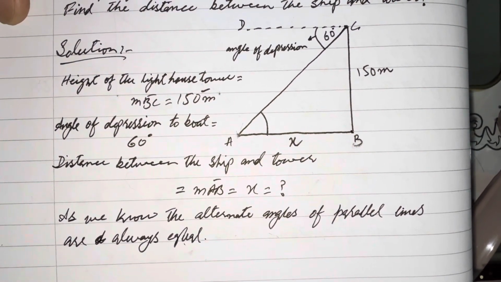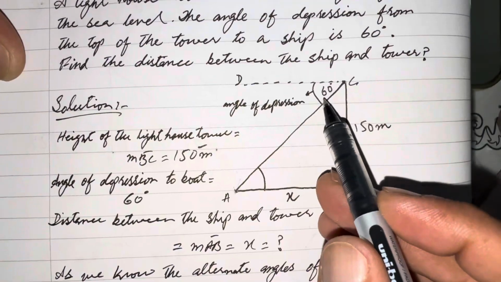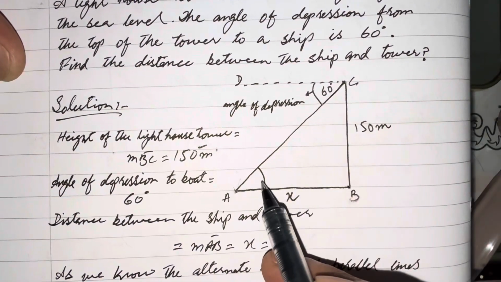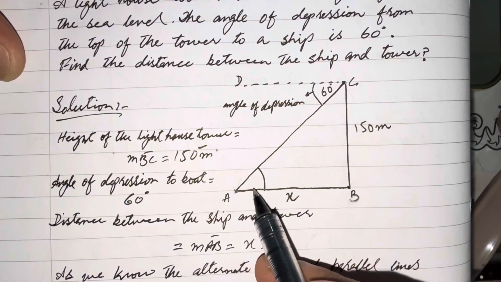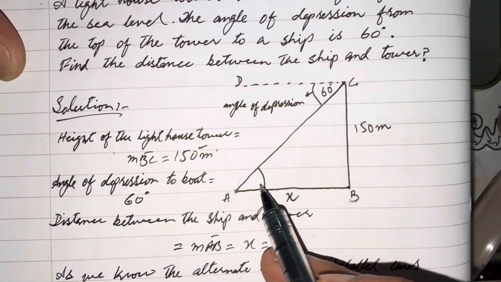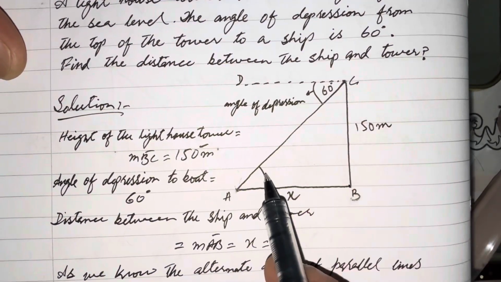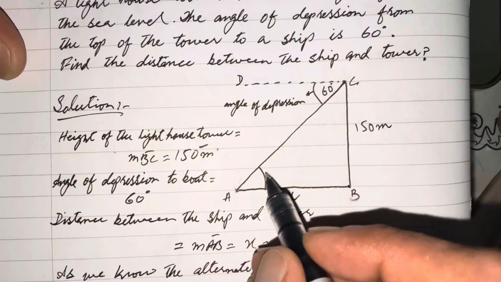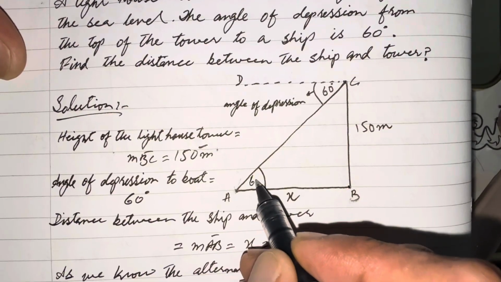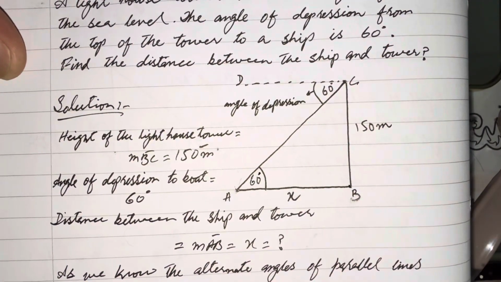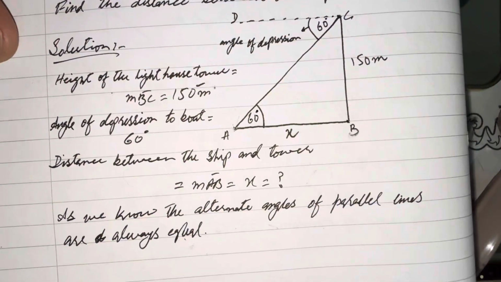So we can say that the angle made over there will be equal to the angle at point A inside the right angle triangle. These are two angles which are called the alternate angles. So alternate angles of two parallel lines will always be equal to each other.